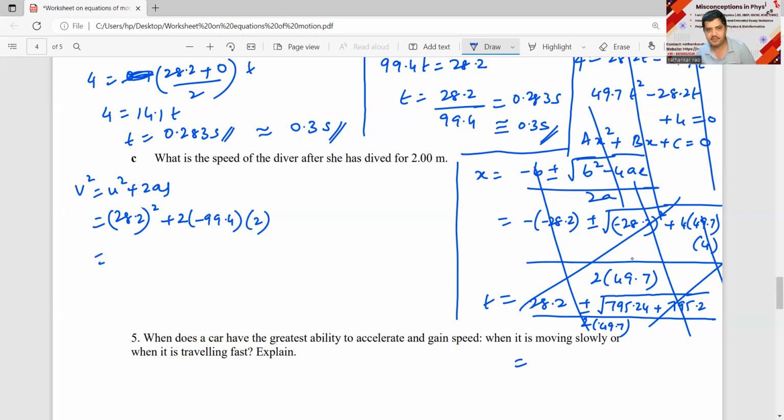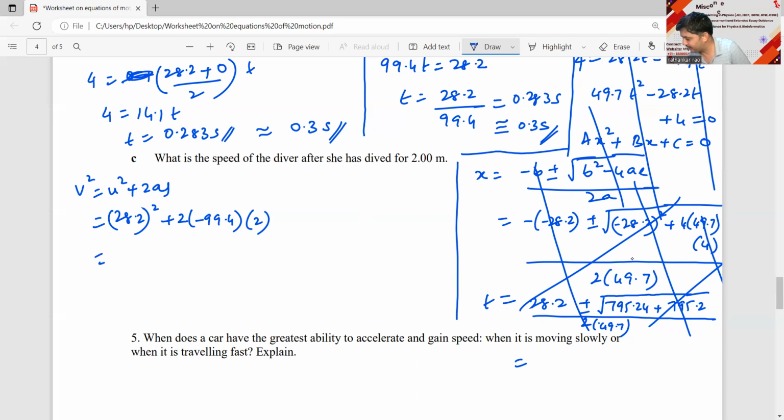So if I do this, what is the answer that I get? Just a moment, 4 into 99.4 will be 397.6 minus 28.2 the whole square.